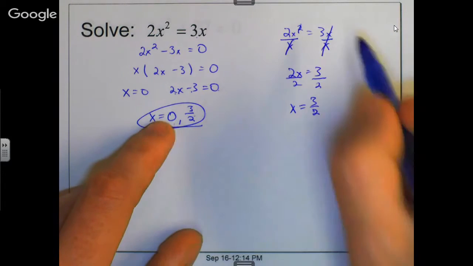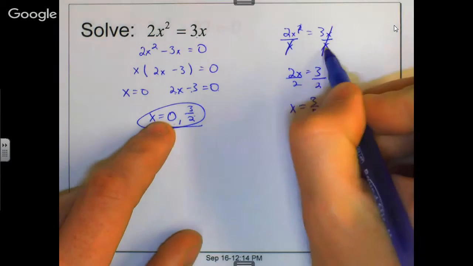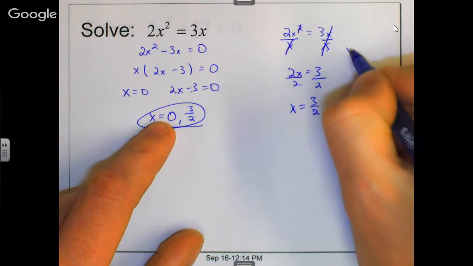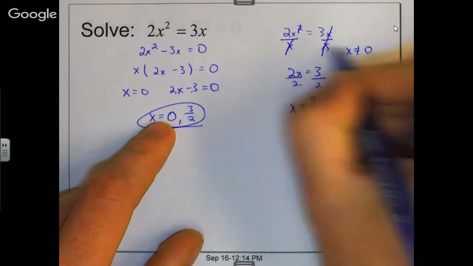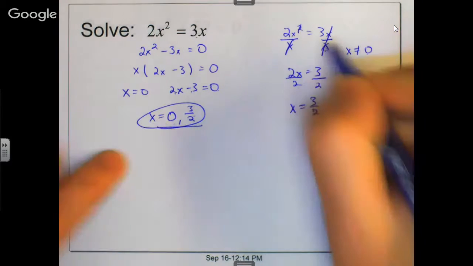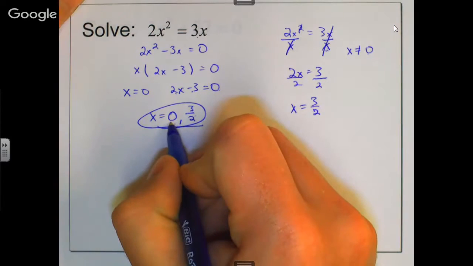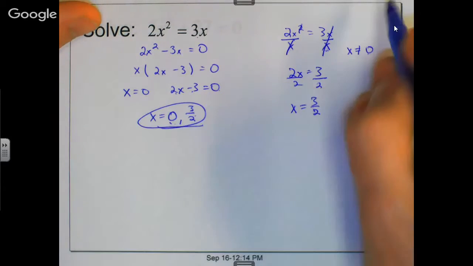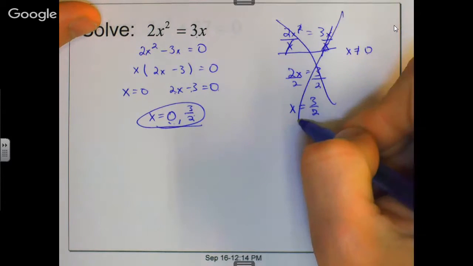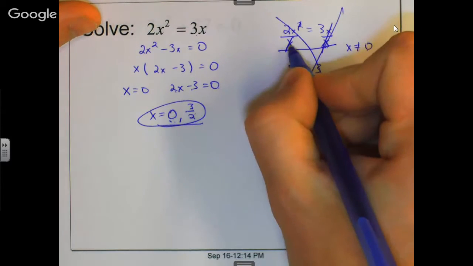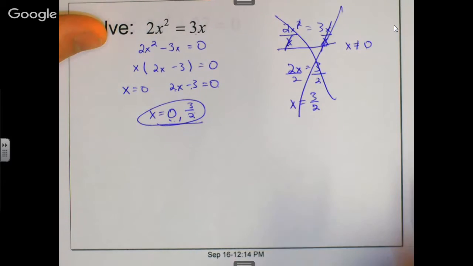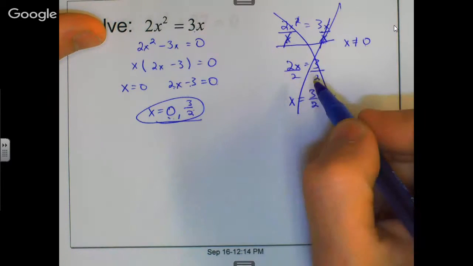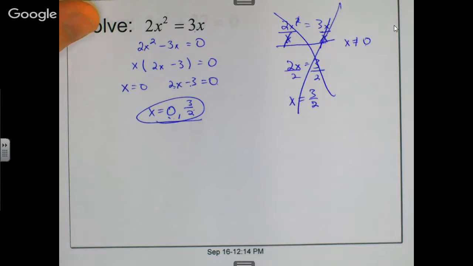Think about what we did up here. We divided by x, meaning that x could not be 0. If it was, we can't do this. And if you look over here, it is 0. So I cannot do this method because I divided by 0, and I cannot do that. So make sure we're setting it equal to 0 and factoring what is there.